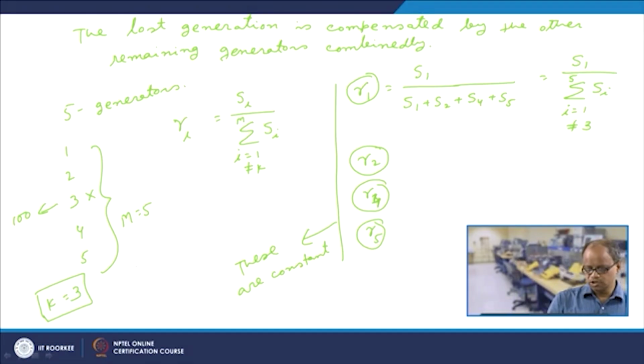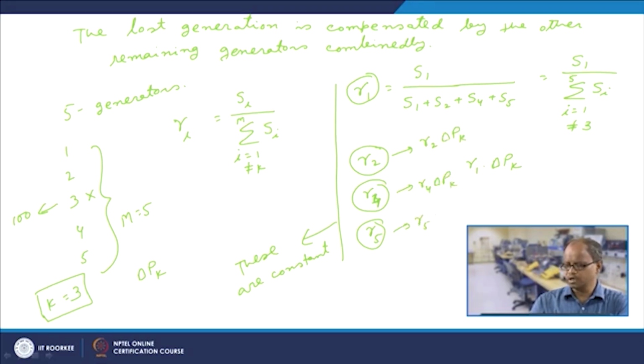Now the change is delta Pk. So the share of this delta Pk for bus 1 would be gamma 1 into delta Pk. For bus 2 it would be gamma 2 into delta Pk, for bus 4 gamma 4 into delta Pk, and for bus 5 gamma 5 into delta Pk.